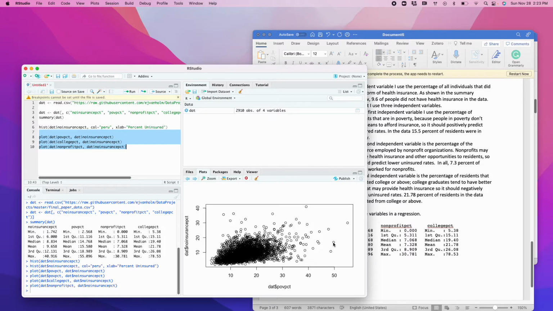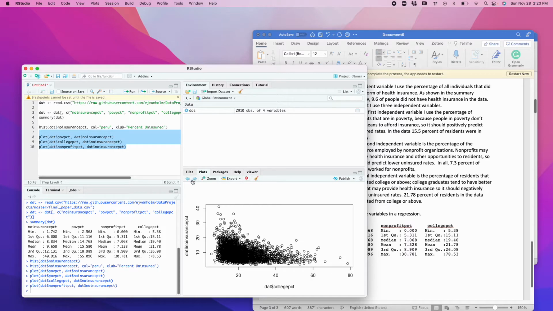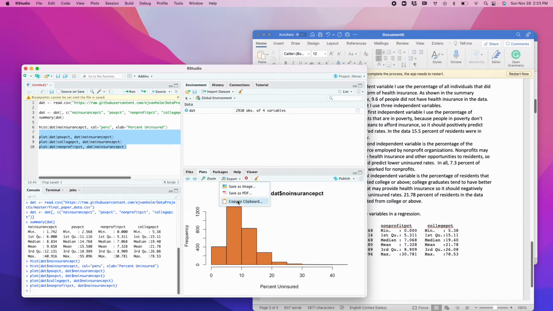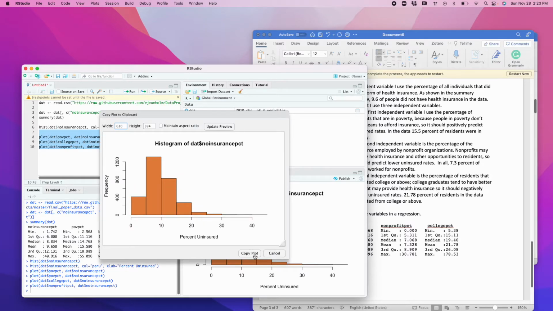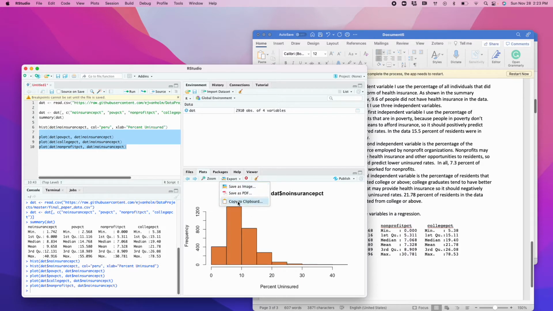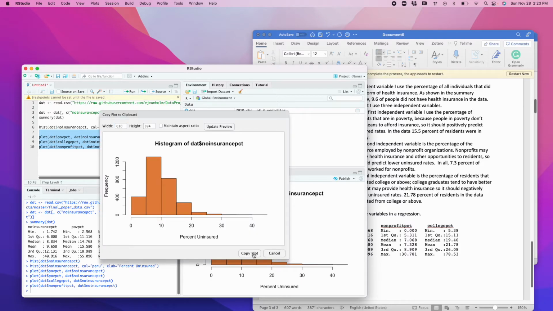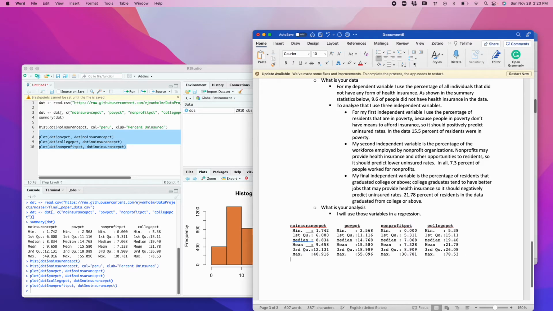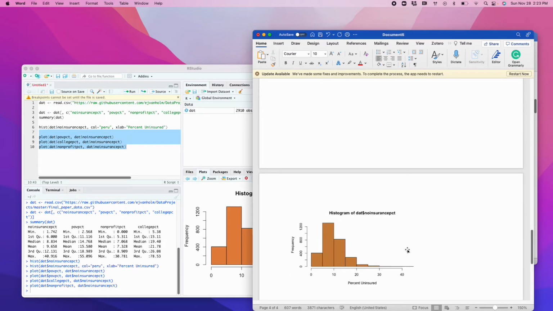As poverty increases, the percentage of people without health insurance increases. So as college increases, the percentage without health insurance decreases. So I can start to see those relationships. So I could use this as my graph for the data. I could use just the histogram. It's up to me. So if I want to export the plot, what I did is I went copy to clipboard, I copied it, and then I can bring that into my paper.